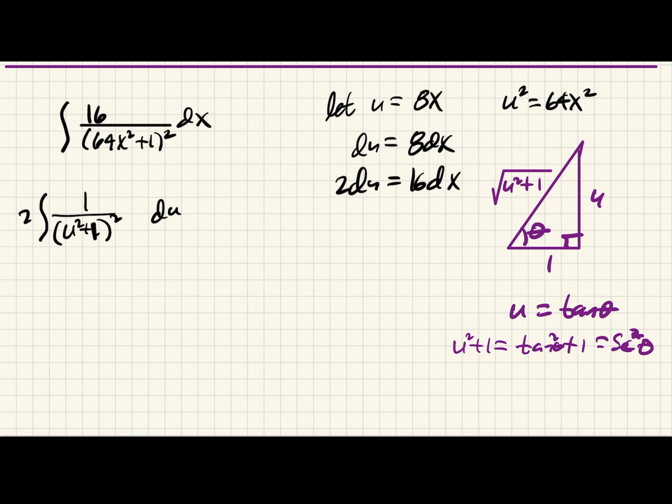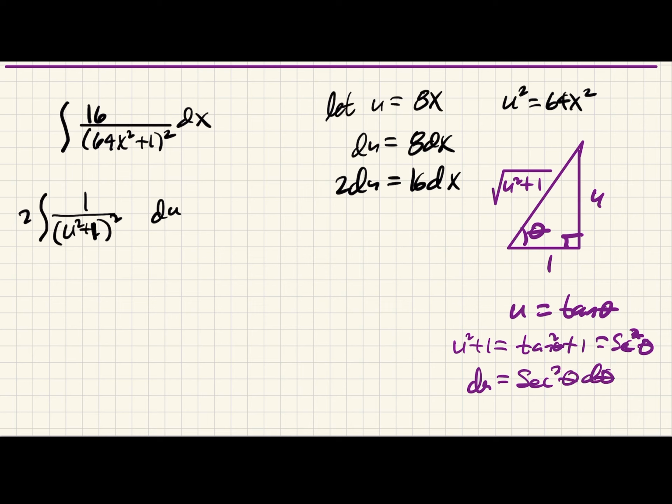And so what we have here is 2 integral 1 over secant square theta. I forgot to put du, didn't I? Sorry. I'm getting ahead of myself here. All right, so we have du equal to secant square, I'm sorry, yeah, secant square theta d theta.